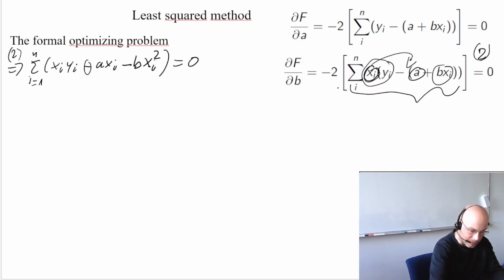Then we have here just differences, so we can write in front of these two differences our summation sign.